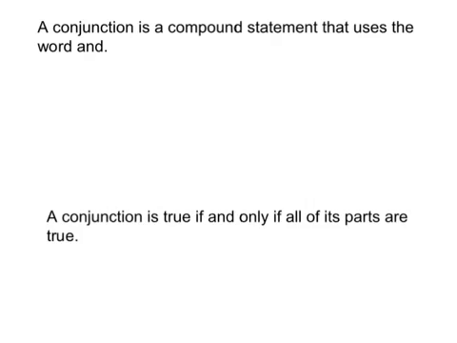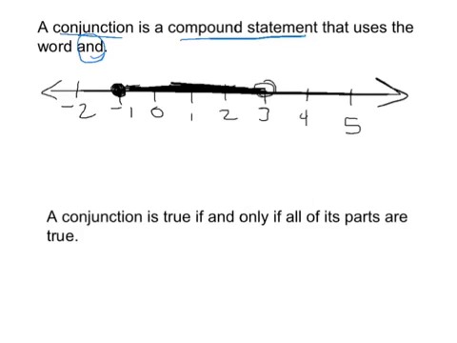On the flip side of that, a conjunction is a compound statement that uses the word and. So here we have a number line and some shaded areas. Your conjunction here is x is greater than or equal to -1 and x is less than 3.